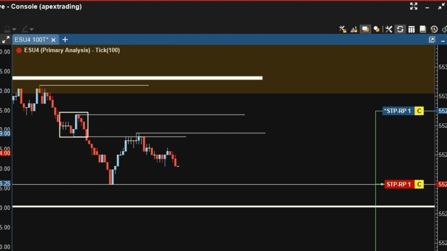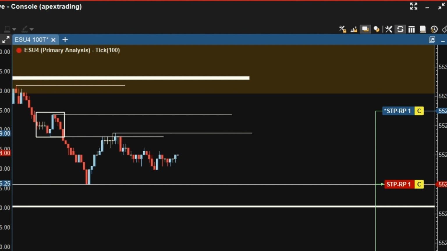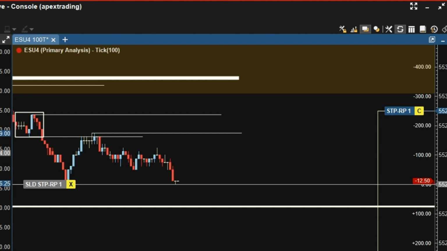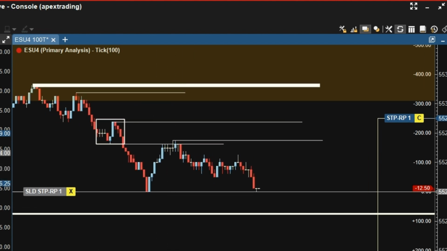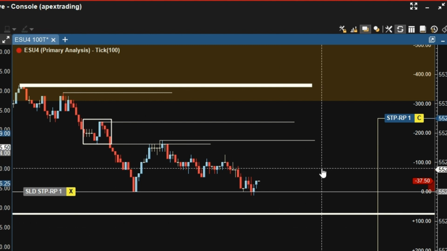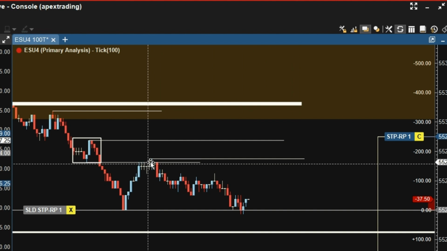There we are waiting here. As you can see, the 100 tick chart. So we are on the trade now, on the trade with 1 mini ES. At the moment when I'm entering here, I'm looking at this structure.